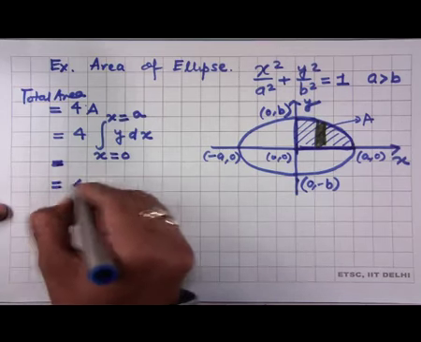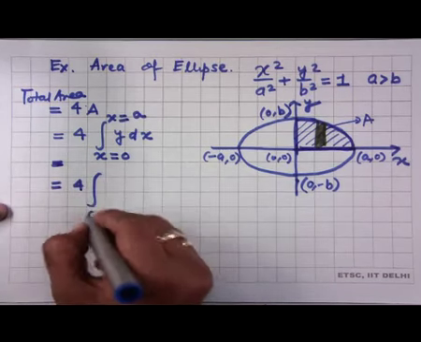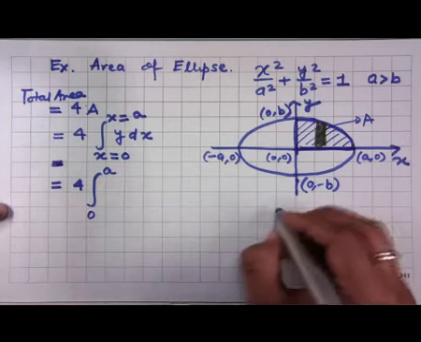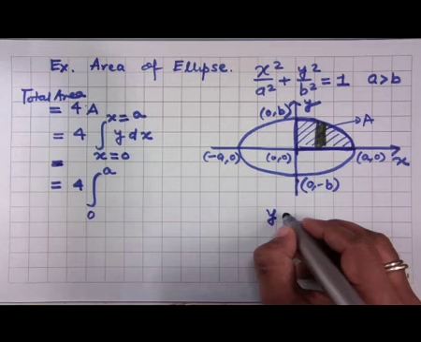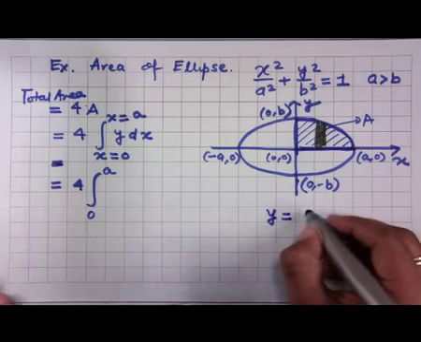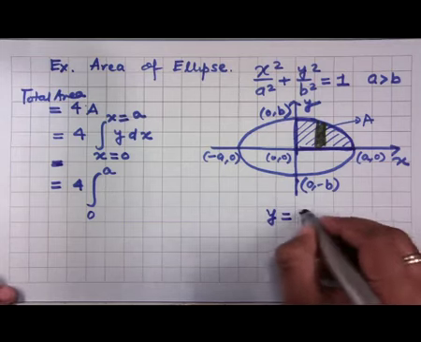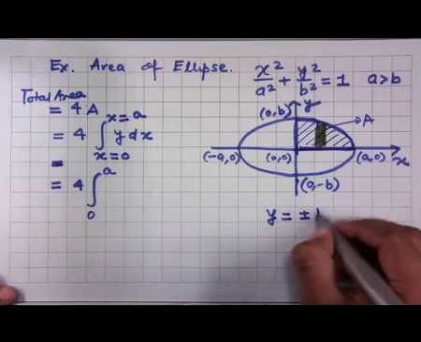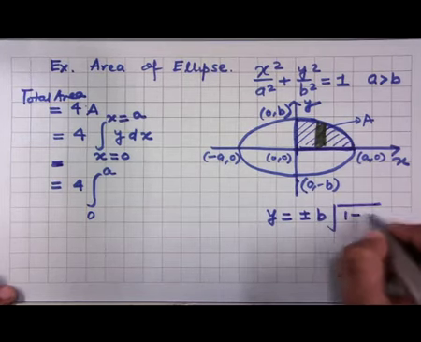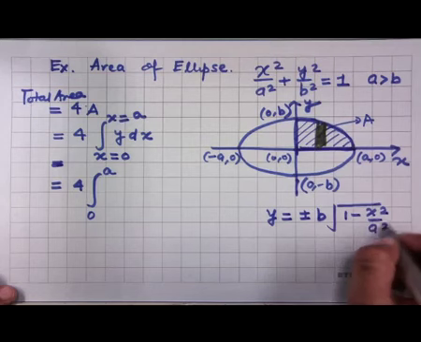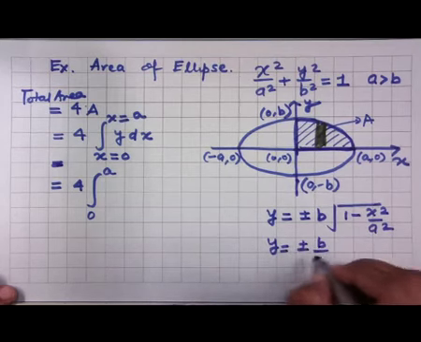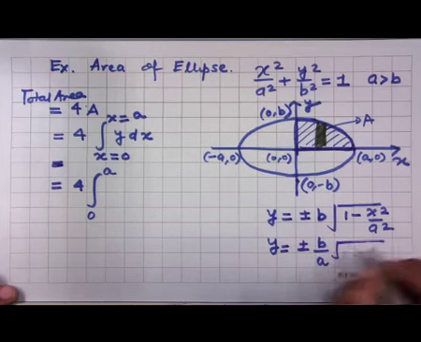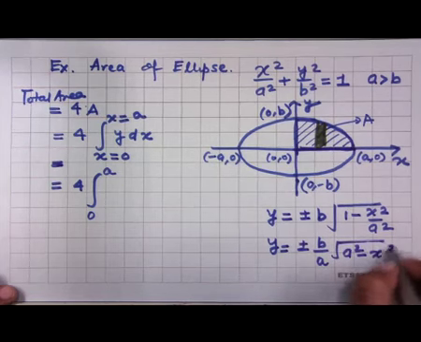So, we get 0 to a. Y value you get from the equation of the ellipse, and to get that you need to solve it. So, you get y equals plus minus b under root 1 minus x square by a square. So, y is plus minus b by a under root a square minus x square.